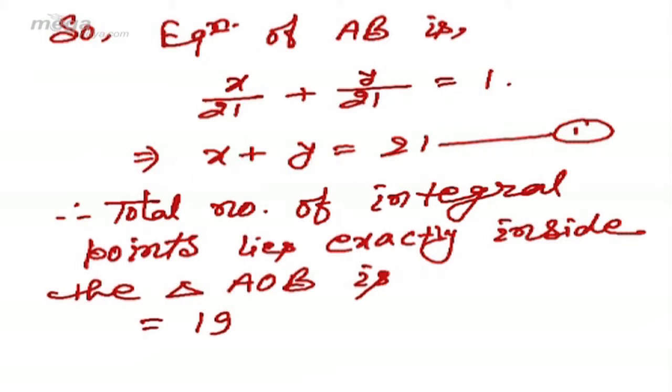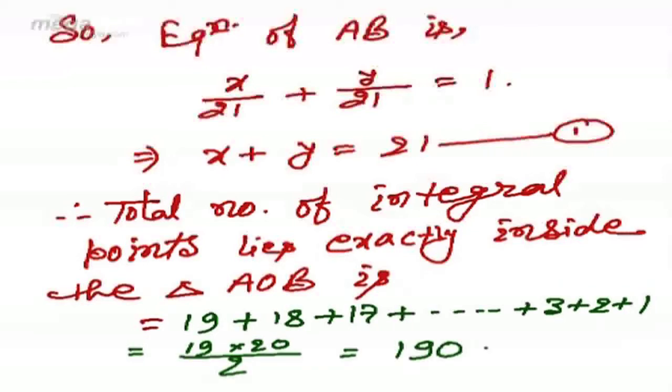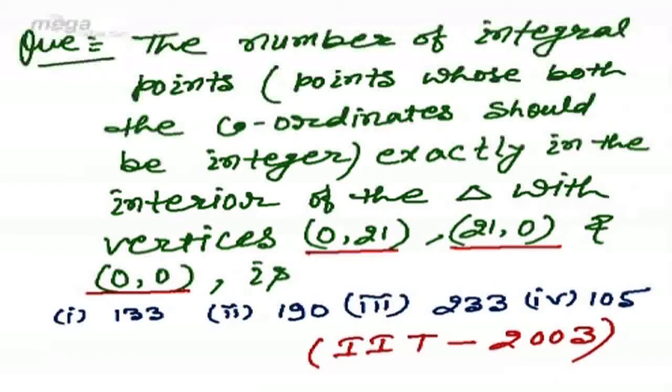So it will be 19 + 18 + 17 and so on till 3 + 2 + 1. You can write it as 1 + 2 + 3 till 19. Using the sum of the first n natural numbers, it is 19 × 20 / 2, which is equal to 190. So according to the options, option number 2 is the correct option.